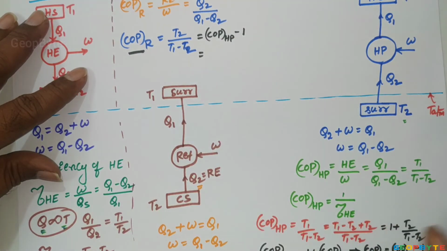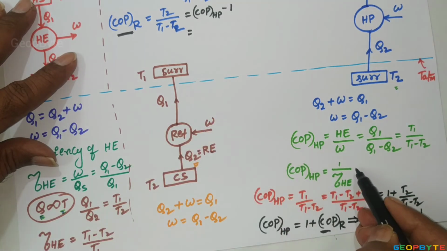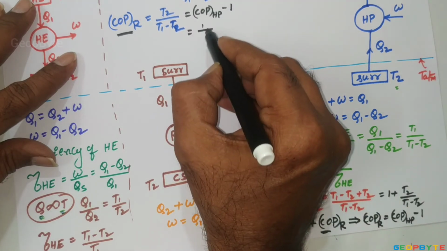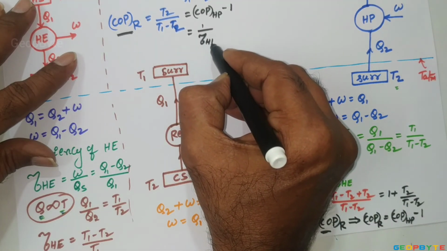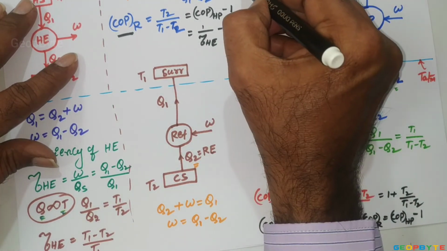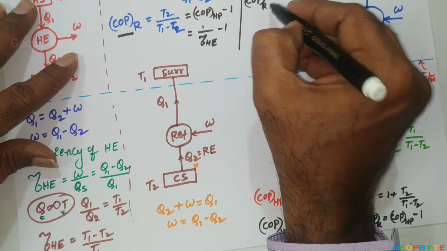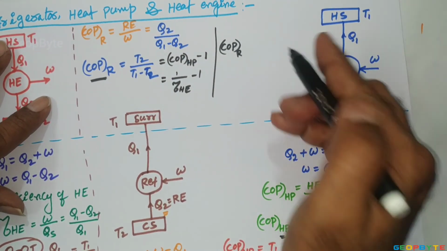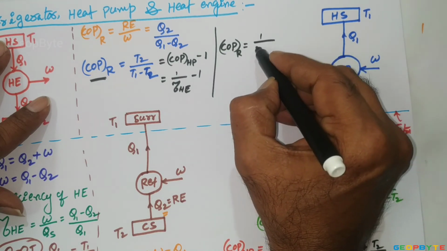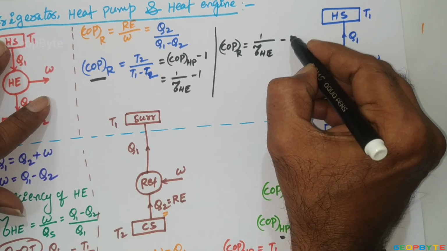COP of the heat pump can also be written in terms of heat engine efficiency. COP of the heat pump equals 1 by efficiency of the heat engine. So COP of refrigerator in terms of efficiency of the heat engine equals 1 by efficiency of the heat engine minus 1.